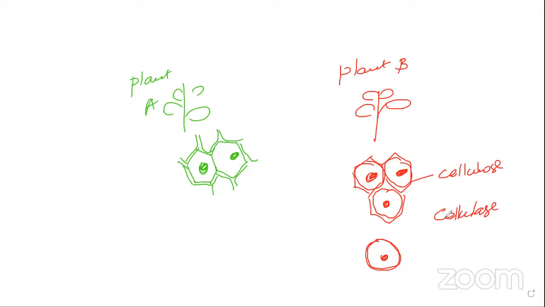When you introduce the cellulase, the outermost layer is completely eroded and you will get the naked protoplasm. Likewise, you will get it from the other plant also. This is the A protoplast and this is the B protoplast sample.